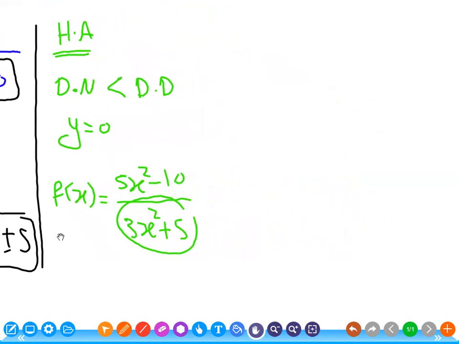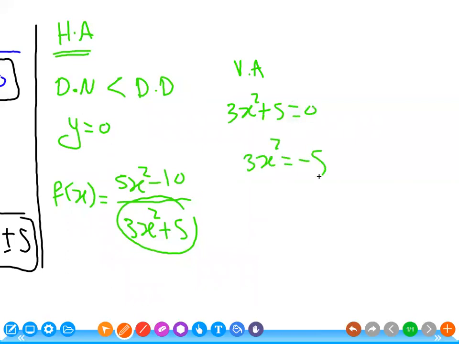Because for the vertical asymptote, you'll say 3x squared plus 5 is equal to 0. Then 3x squared is equal to minus 5. Then x squared is minus 5 over 3. Whenever you take the square root of a negative radicand, it is undefined. So here we have no vertical asymptote.